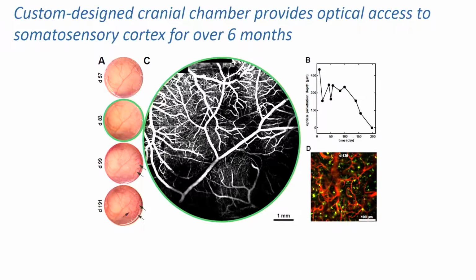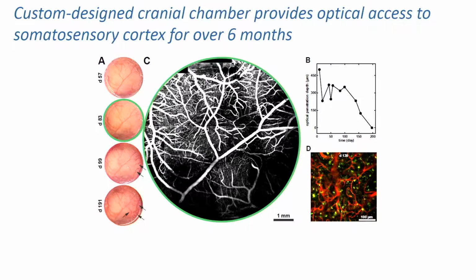And we can then look at a larger area of the brain by tiling these acquisitions serially here. And what is really important is that this preparation is stable over a large number of months. So this is showing that over the somatosensory cortex, we obtain more than 6 months of stability of the preparation.